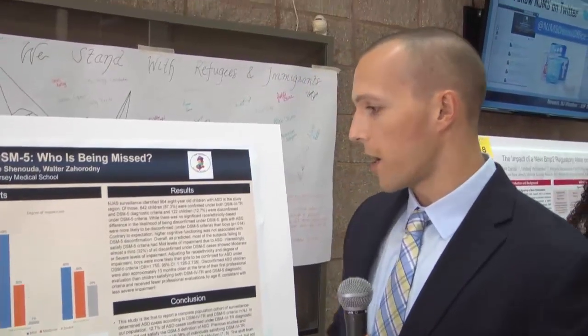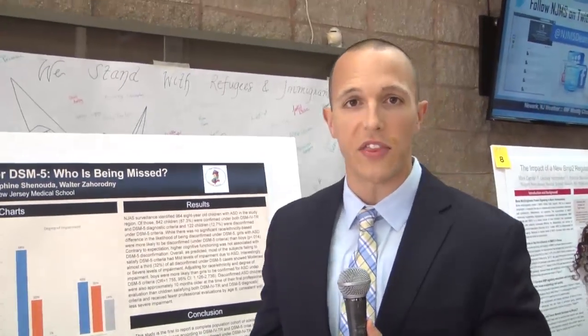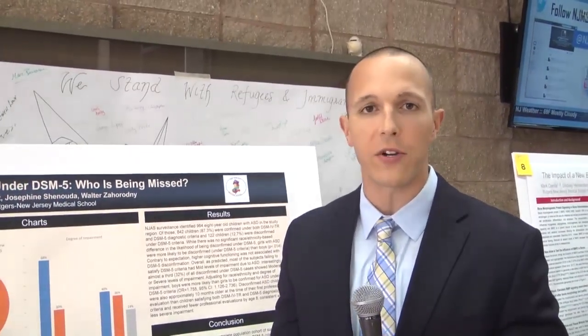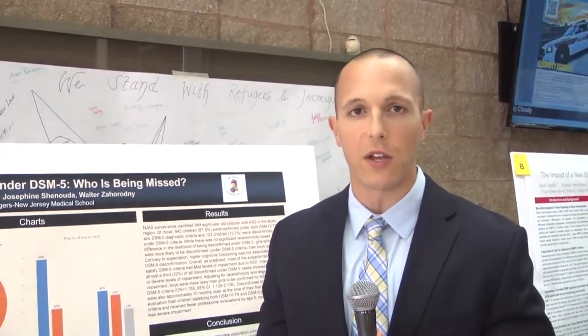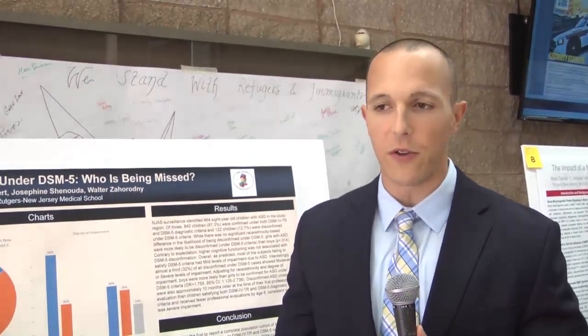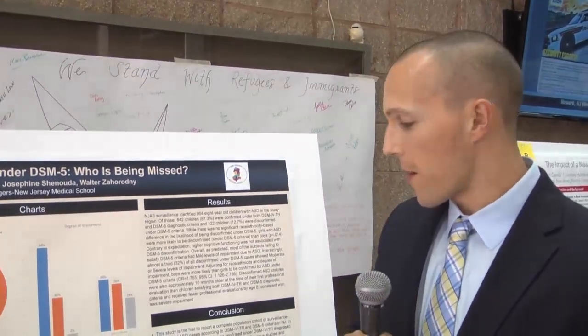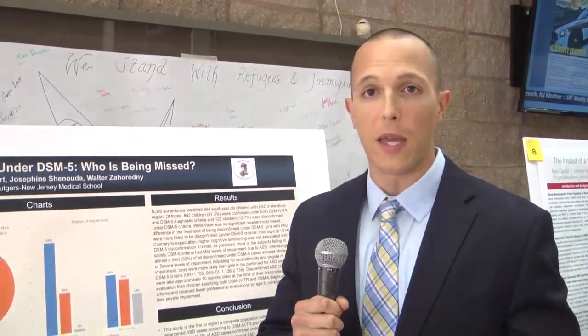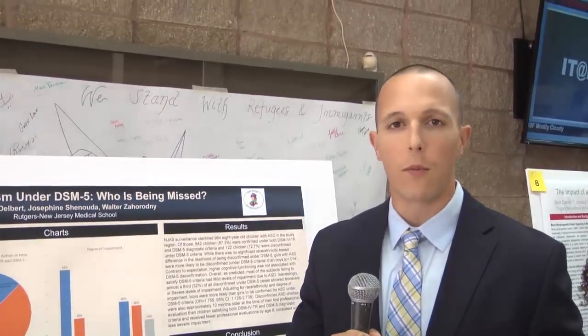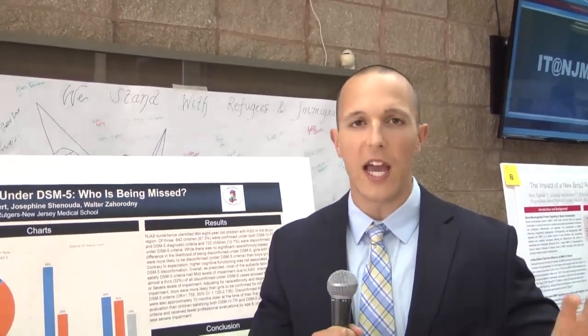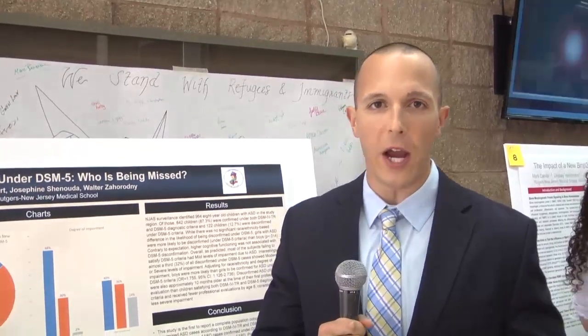We also looked at things like race, ethnicity. Does it matter in terms of your DSM-5 diagnosis? Our data found that there was no disparity based on race. We found that most cases that were being missed under DSM-5 were children that were classified by pediatric experts as only having mild impairments.